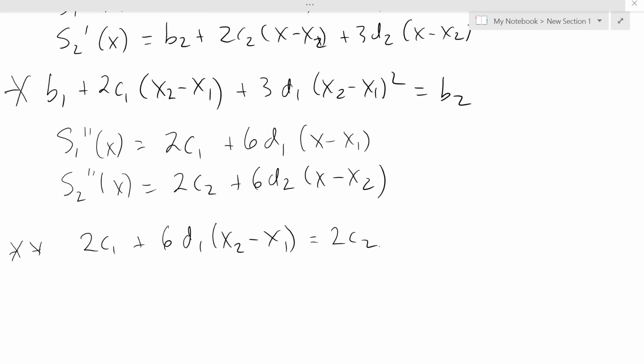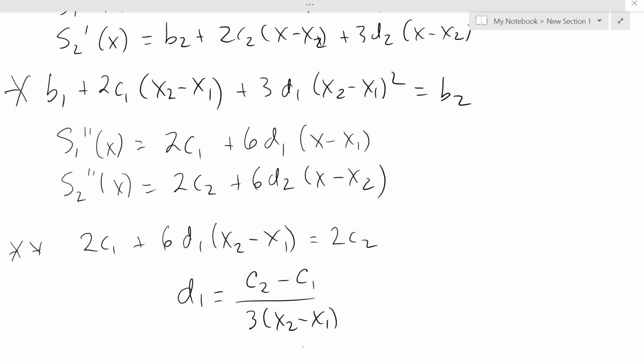At this point, I can solve this for D1, can't I? In terms of the C's. You get D1 is equal to what? Well, you would subtract the 2c1 over and divide by the 6, x2 minus x1. So you would have c2 minus c1 over 3 times x2 minus x1. We agree?